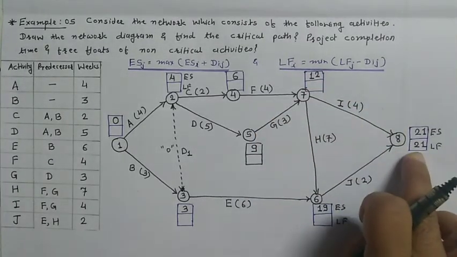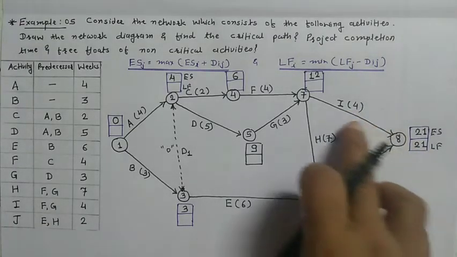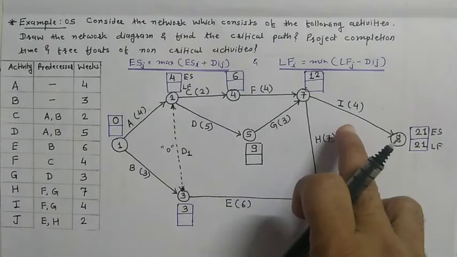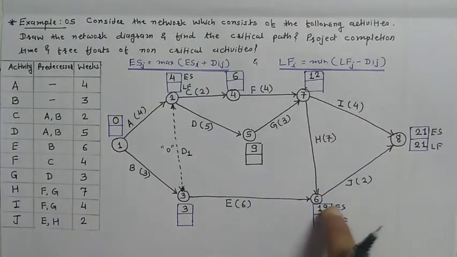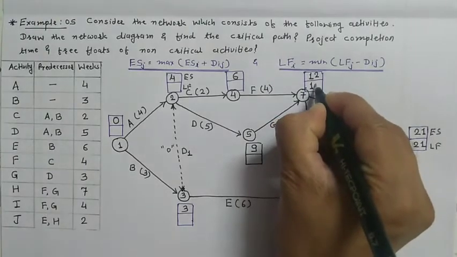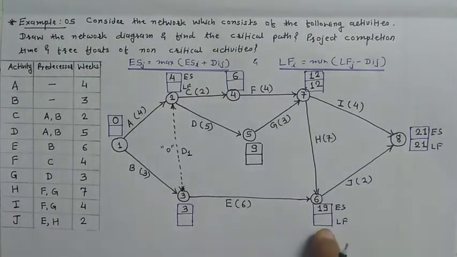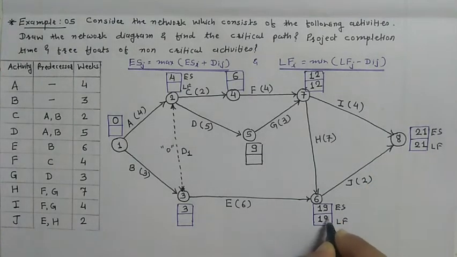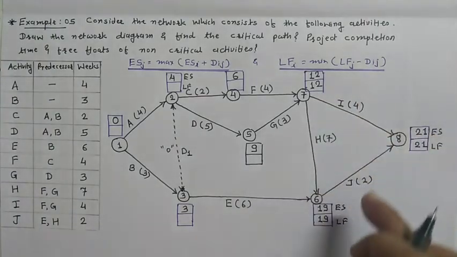So 21, the latest finish time of head event, minus duration: 21 minus 4, 17, and 19 minus 7, 12. So the minimum is 12. Write down 12 for this event.